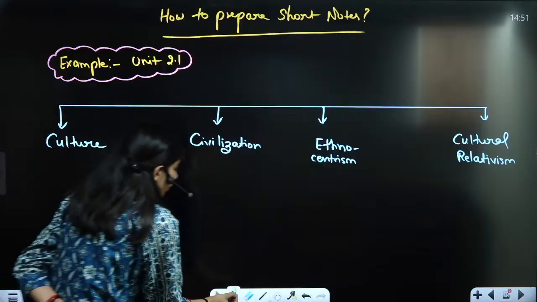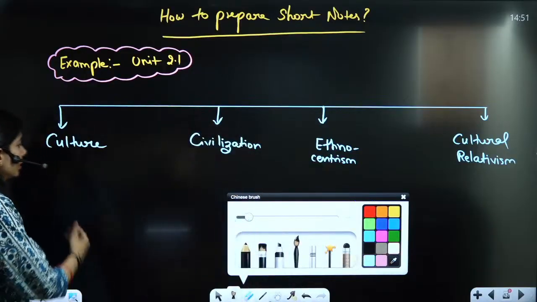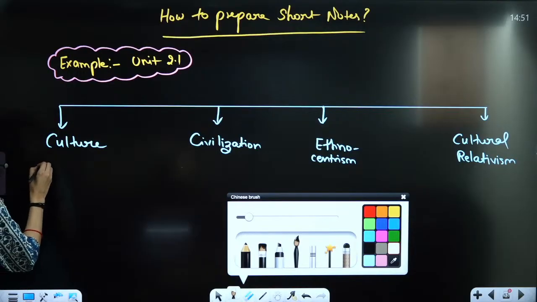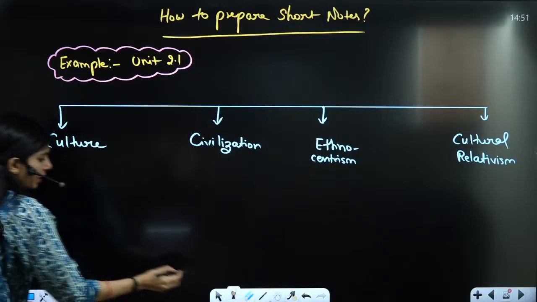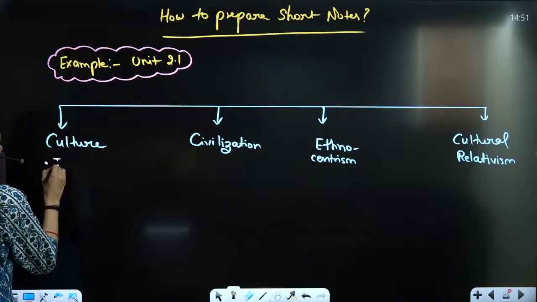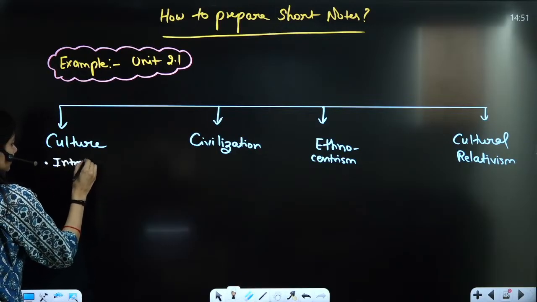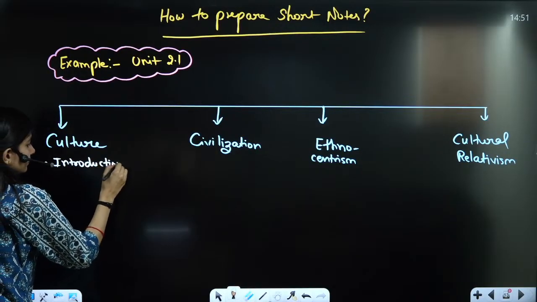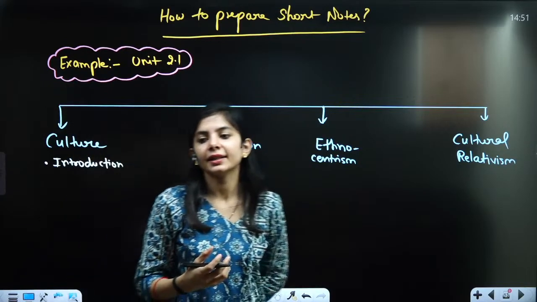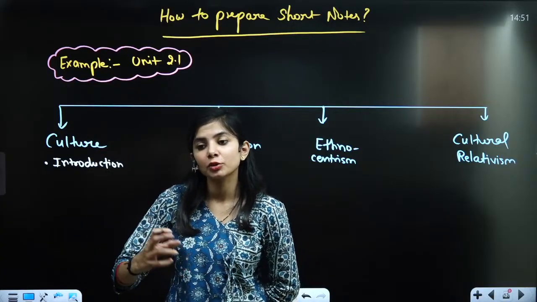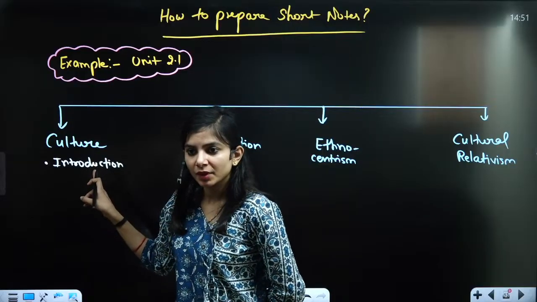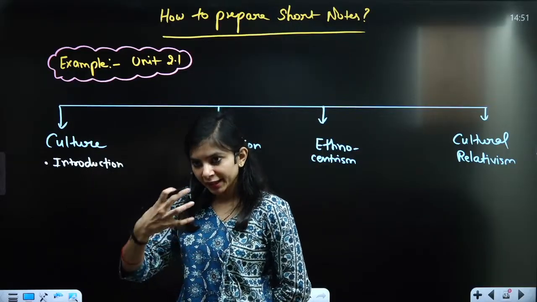Now, you have to create different things under these. For culture, first I have to write an introduction. Introduction, this is something that if there is any question on culture, you would show as an introduction. Quite possible it may take time, but over a period of time, you will inbuild this thing.